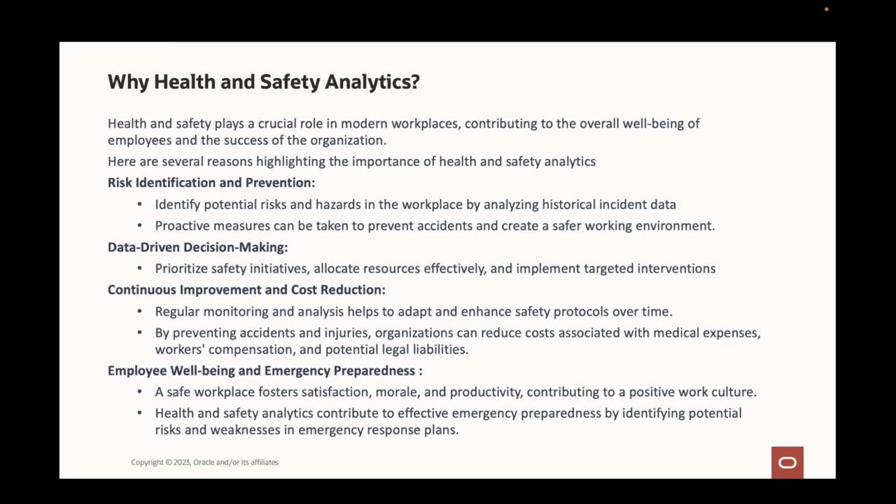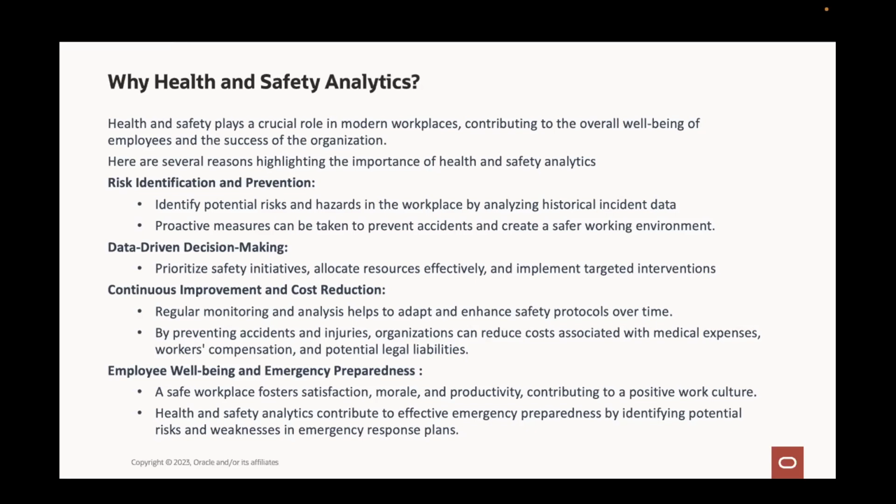So when I say this, data coming from other sources, the data need not be in your own health and safety system and cloud application. It could be coming from an external source as well. You could load the data from a spreadsheet into your system. For example, if there has been a spate of accidents happening in a particular city, I would want to understand if the weather condition of the city is causing that.